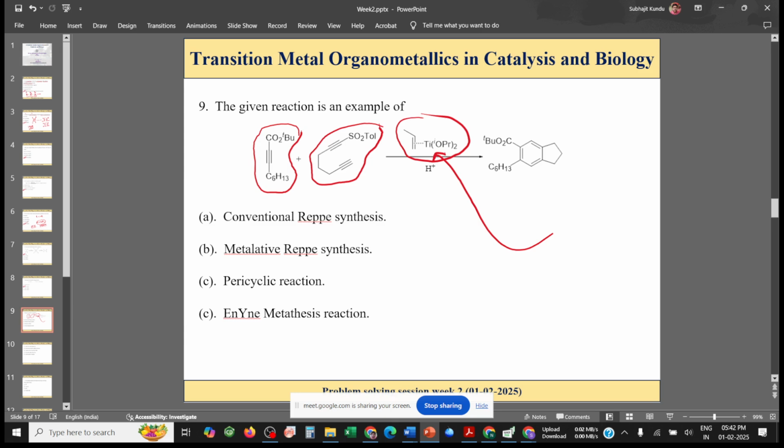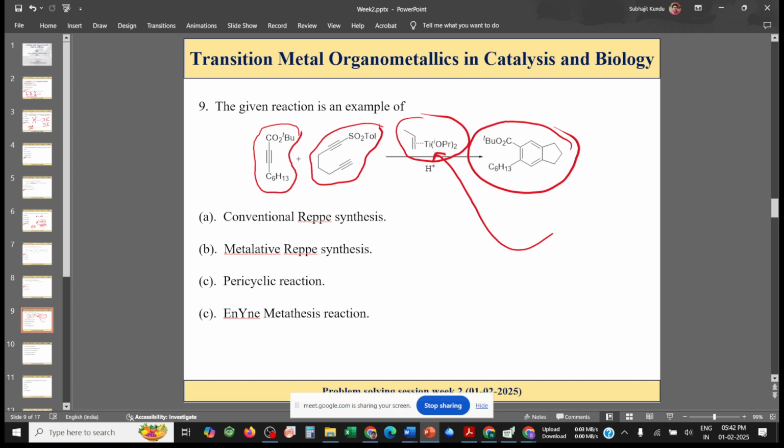These 3 alkynes, 1, 2, 3, undergo a polymerization reaction or cyclooligomerization reaction to give an aromatic ring. For this type of reaction, when a metal is involved, it is called metallated Reppe synthesis.